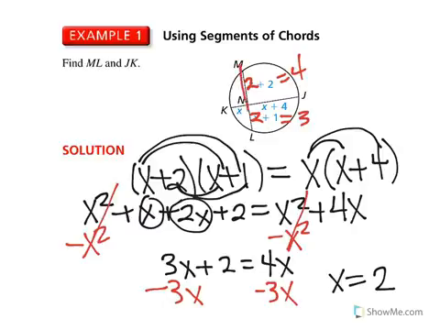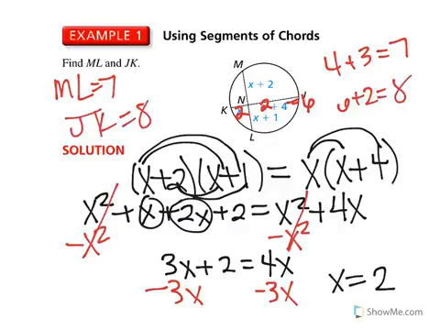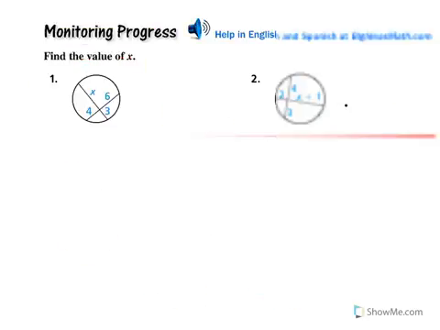So if I wanted my whole length, I'm going to take 4 plus 3, which is 7. So ML equals 7. Alright, so let's take a look at JK. Here, KN is 2, and then NJ, if we plug in 2 plus 4, is 6, that means JK is 6 plus 2, which is 8. And those are my two answers.